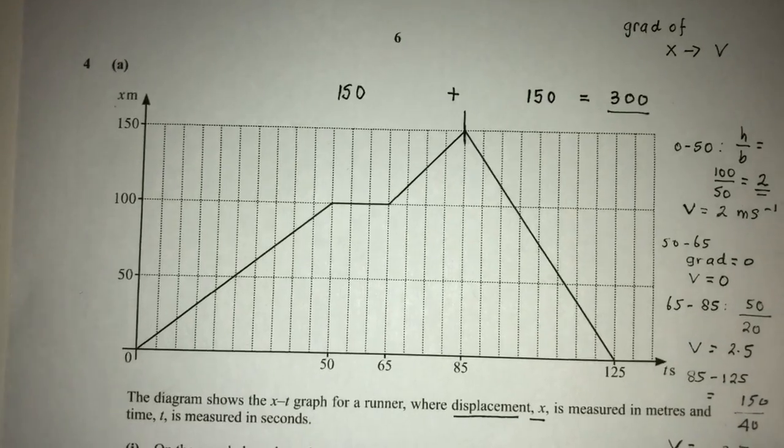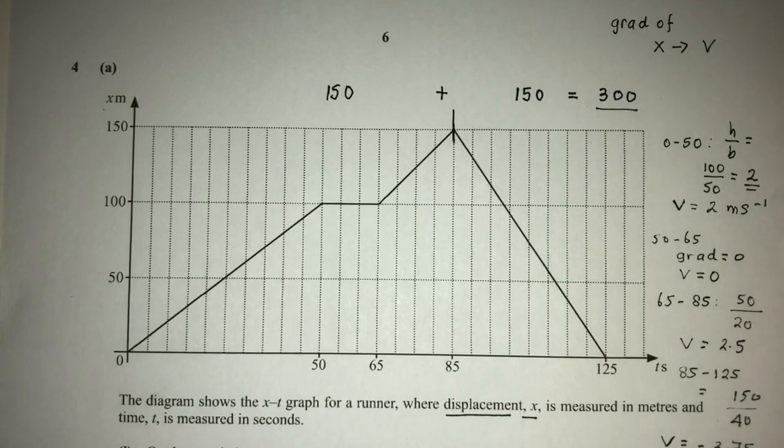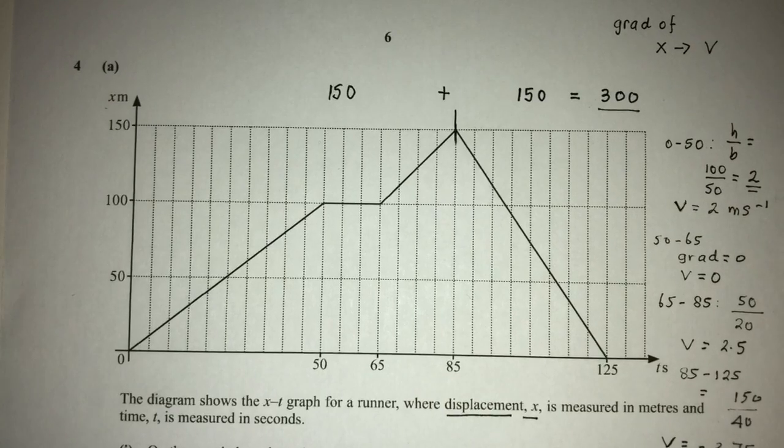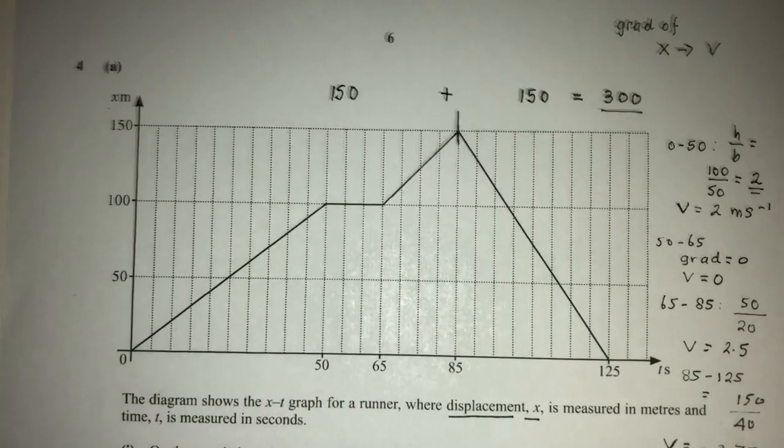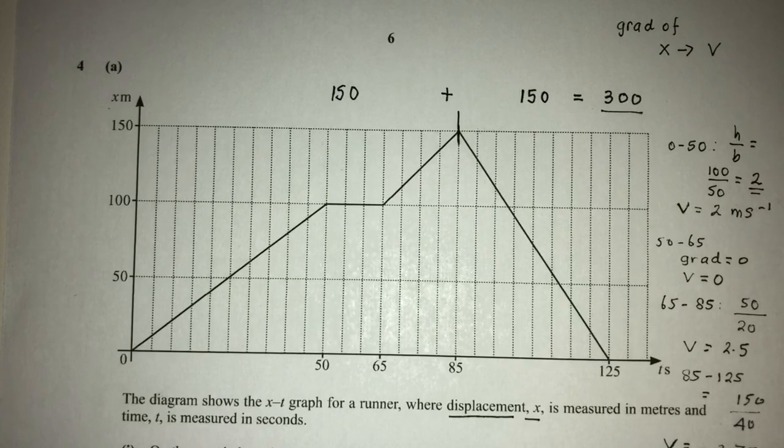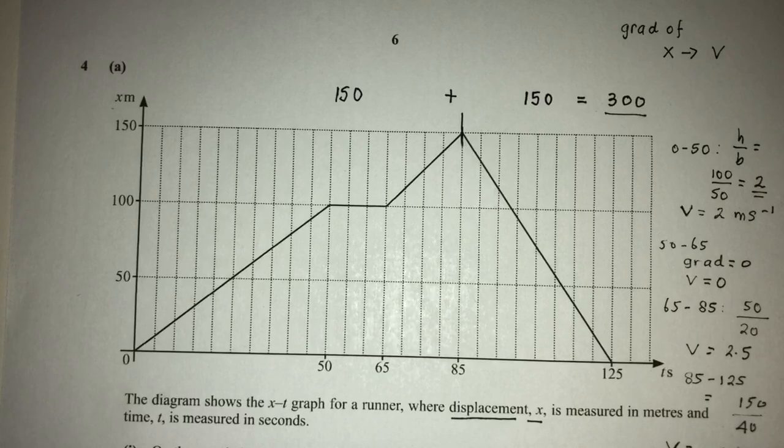For example, here, if I were to ask you, from 0 to 85, what is the displacement of the runner? You would say, okay, 0 to 85, I can see that it goes up, so displacement will be 150. Pretty easy. Now, from 0 to 125, what is the displacement of the runner?